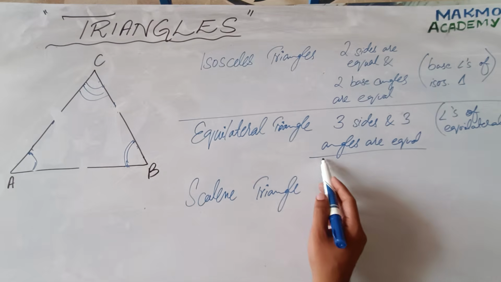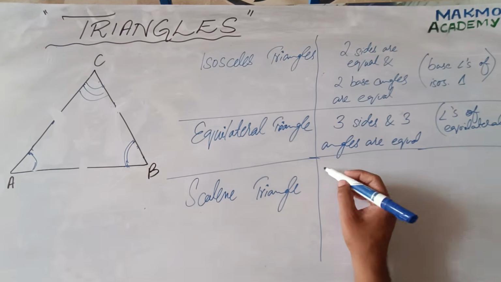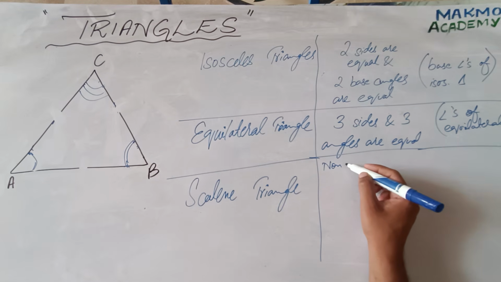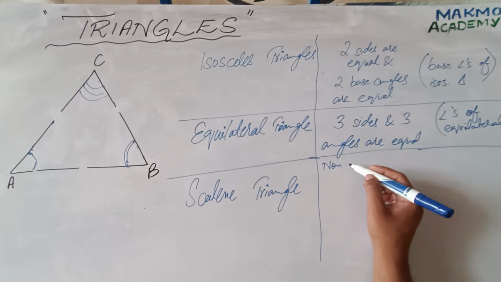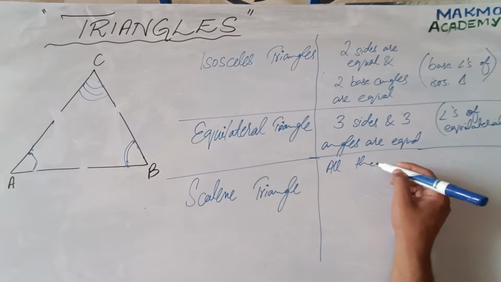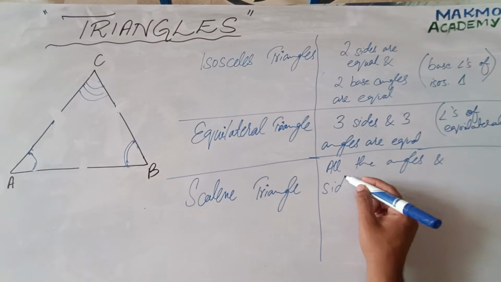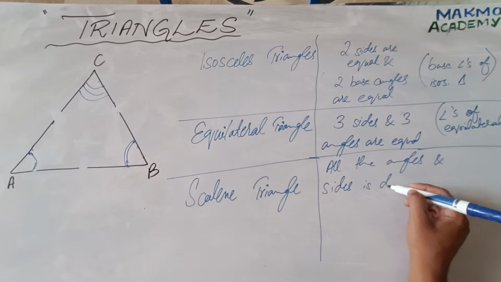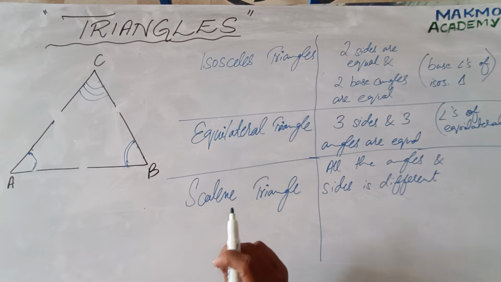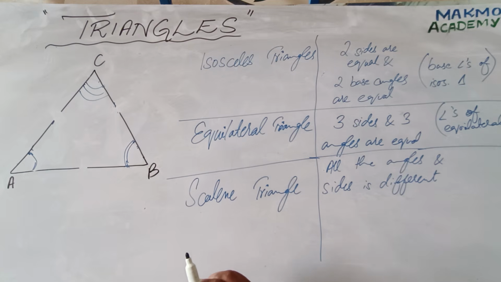But in the case of a scalene triangle, none of the sides or angles are equal, all the angles and sides are different.